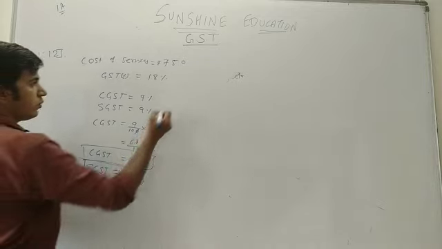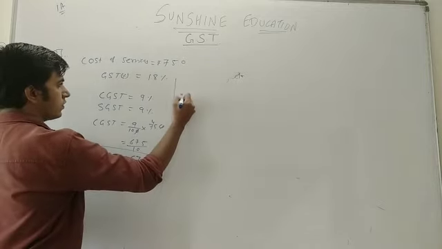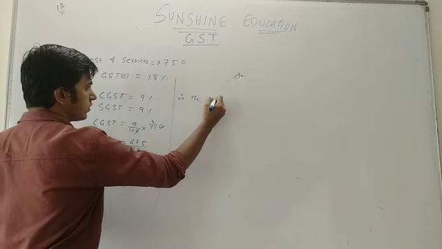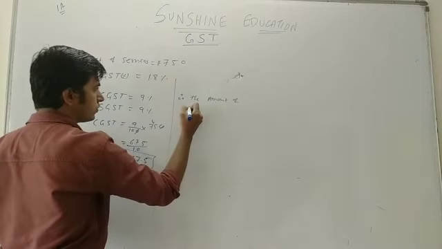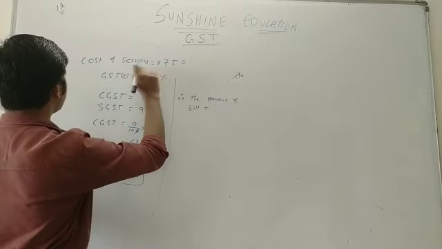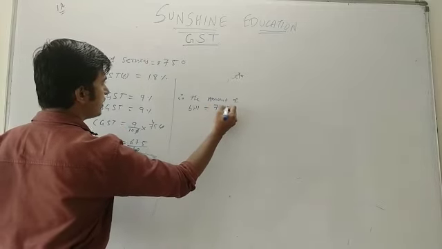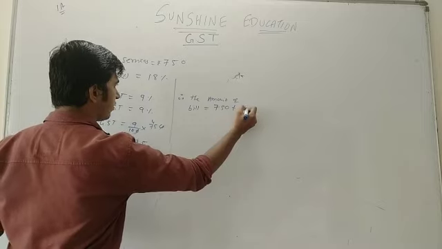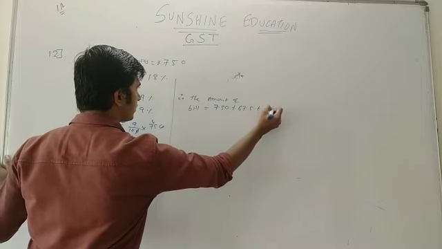Therefore, the amount of the bill will be, what is the cost of services? 750 plus 67.5 plus 67.5.